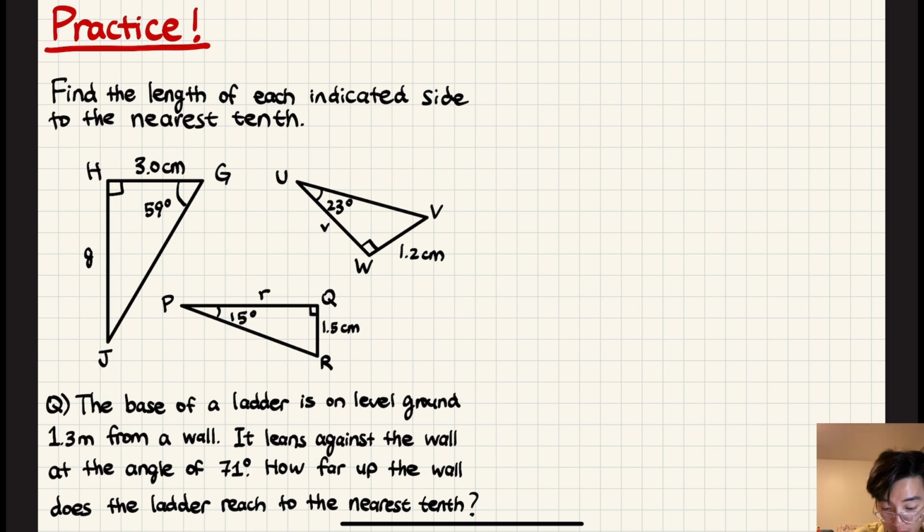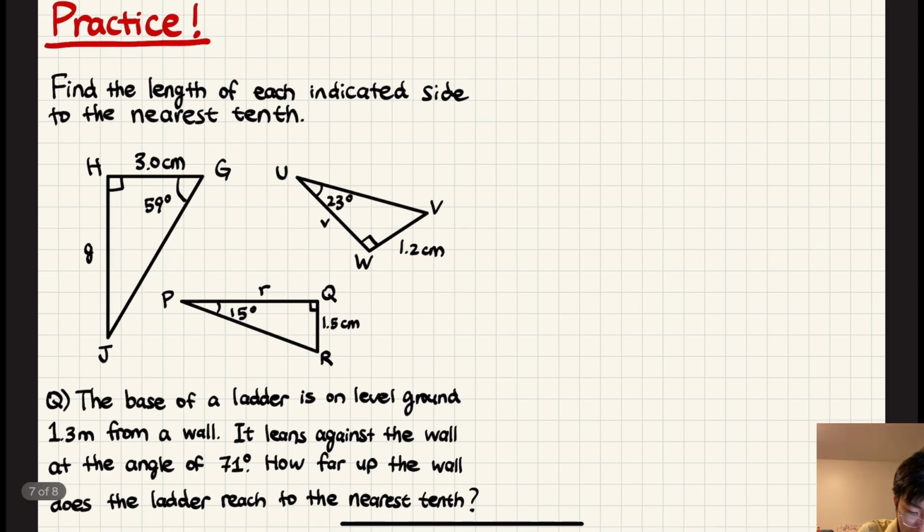Starting with the first group, we've got three questions right here. First triangle here, we have to find G. We have the angle of 59 here, whereas this side we know is 3 centimeters. So the tangent of 59 degrees is equal to its opposite side, which is G, over 3.